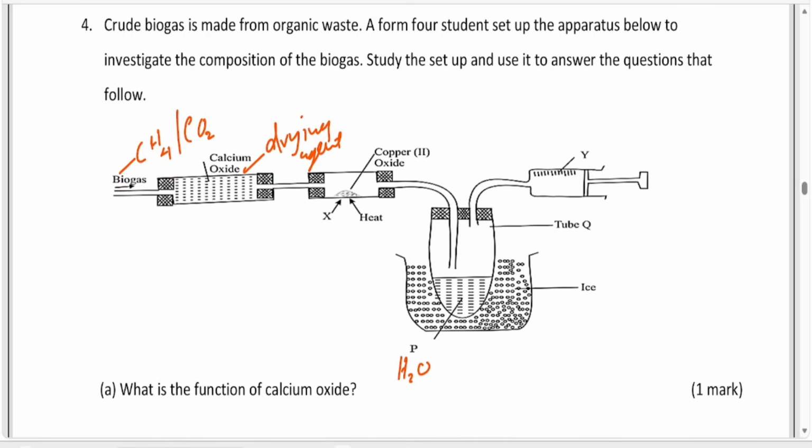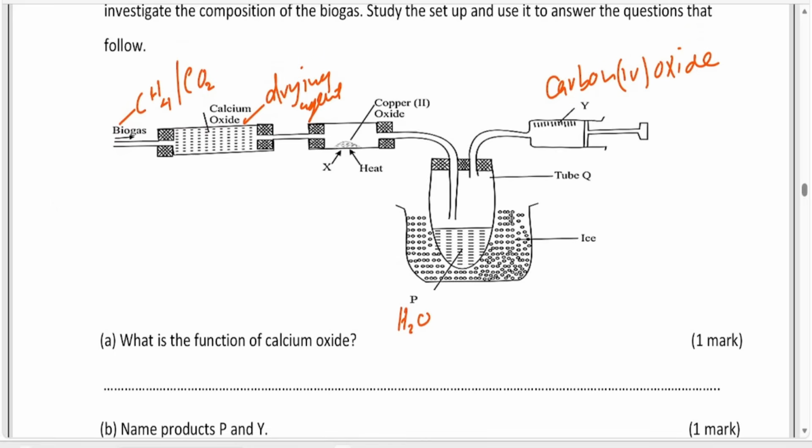Then we have Y, which will be the gas that is going to be released, and this gas, as you have seen, will be carbon dioxide. So what is the function of calcium oxide?